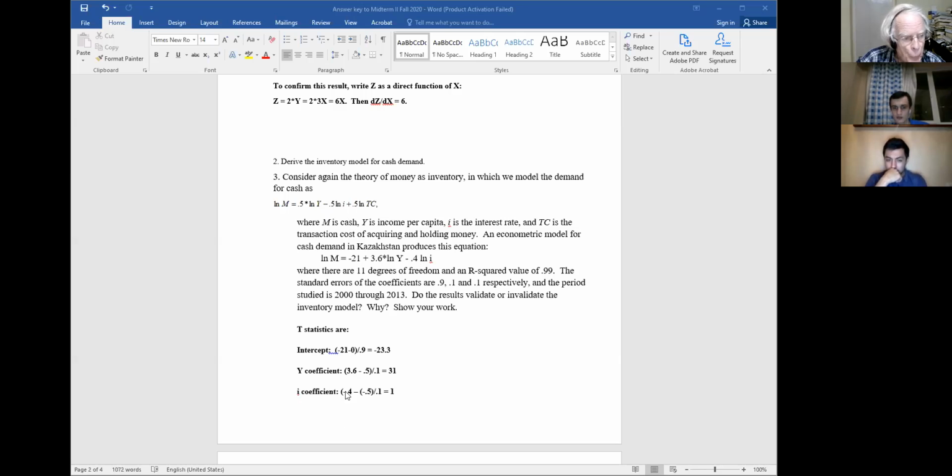So here's the numerator of the t-statistic: 0.4, which we observed, minus the predicted value, which is minus 0.5. And compare that to the expected dispersion in coefficient estimates because of random samples of 0.1. Now, what do we do? Do we reject the model with respect to the interest rate, or accept it?